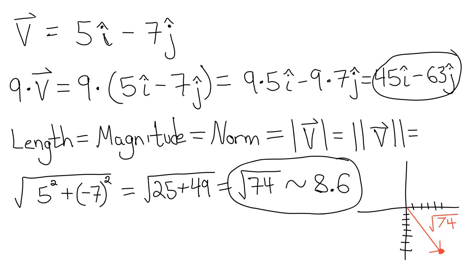That vector has length square root of 74, or magnitude or norm. Whatever you want to use is fine with me.